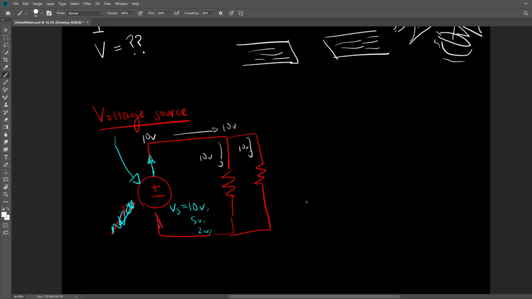Now, do not think of voltages in the same way as you think of current, because current is the flow of electrons. So flow can actually be diverted.